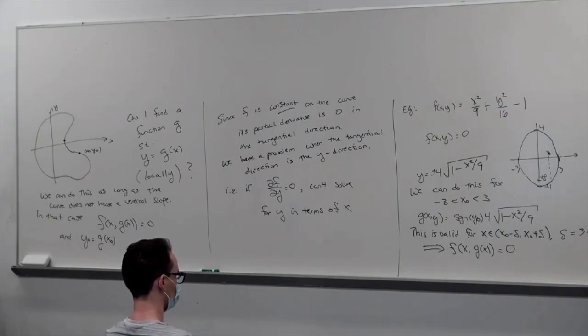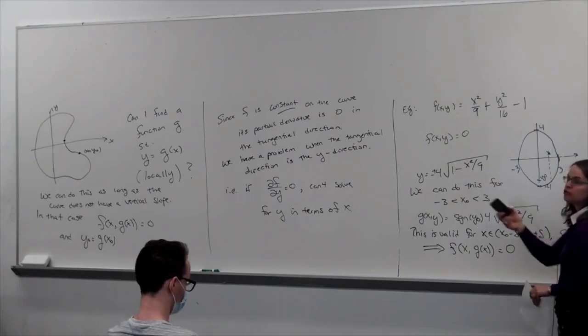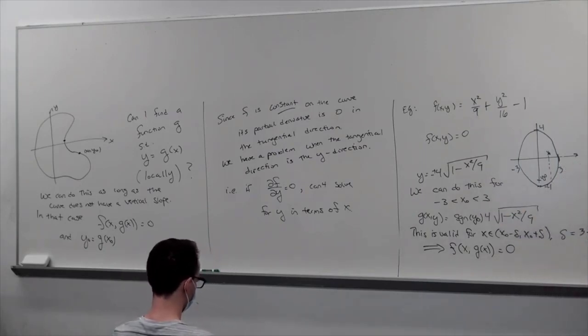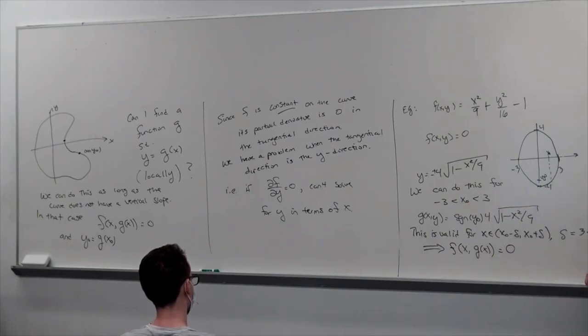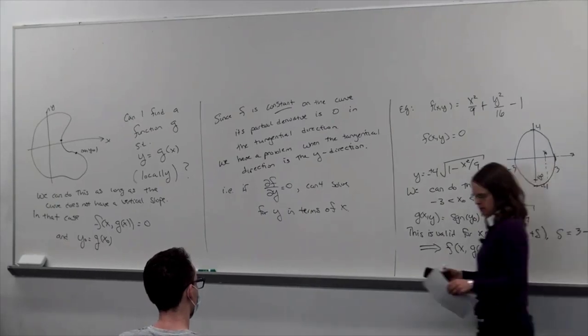So it's reasonable to wonder if we can also get at some good information about the derivative of g. Right? Since we're probably never going to write down a formula like this in real life, the best we can maybe hope for is, what is g doing at our reference point? Well, g of x naught is y naught. Okay? And then what is the derivative of g at this reference point?